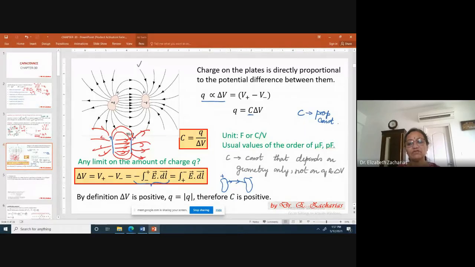For this entire path from the positive to the negative plate, if I integrate E dot dl, where dl is a line element, then that will simply be equal to the change in potential between these two bodies. This is the physical interpretation of this equation, and we will be using it again and again in this chapter.